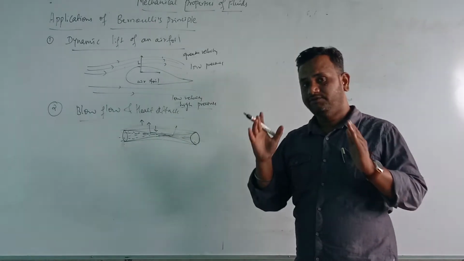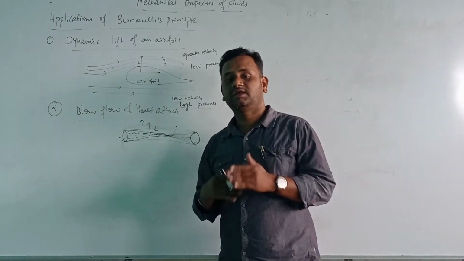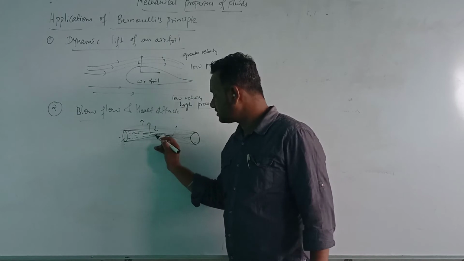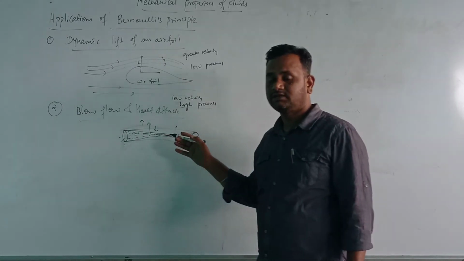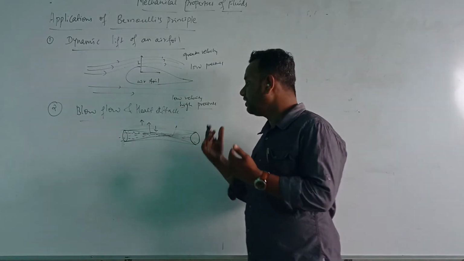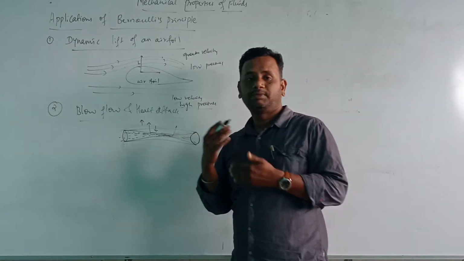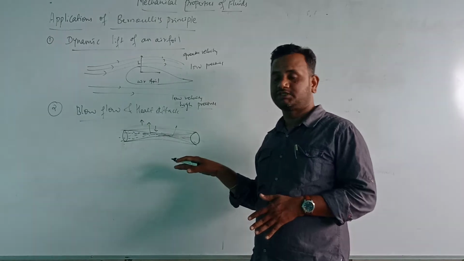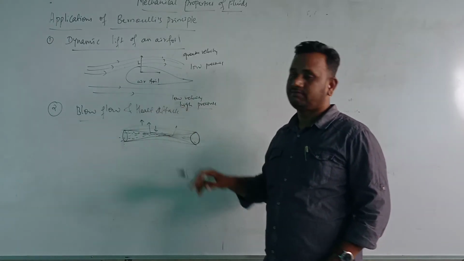As we know, where the area is less, the fluid velocity increases. So the area becomes less, and the velocity of the blood increases, and because of this, the blood pressure decreases. Because of the decrease in the blood pressure, a heart attack happens.